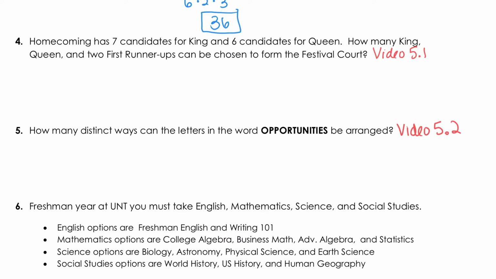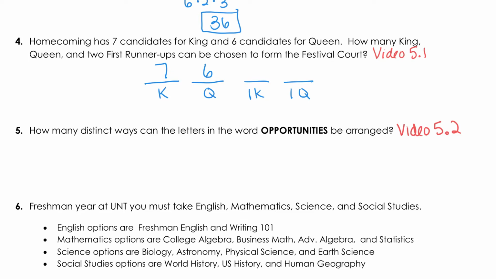Problem number 4, we have an almost identical example in the instructional video 5.1 and the notes that we did in class. We have a king and a queen that are going to be chosen, and then we have first runner-up king, and we have first runner-up queen. Well, we have 7 candidates for king. We have 6 candidates for queen.